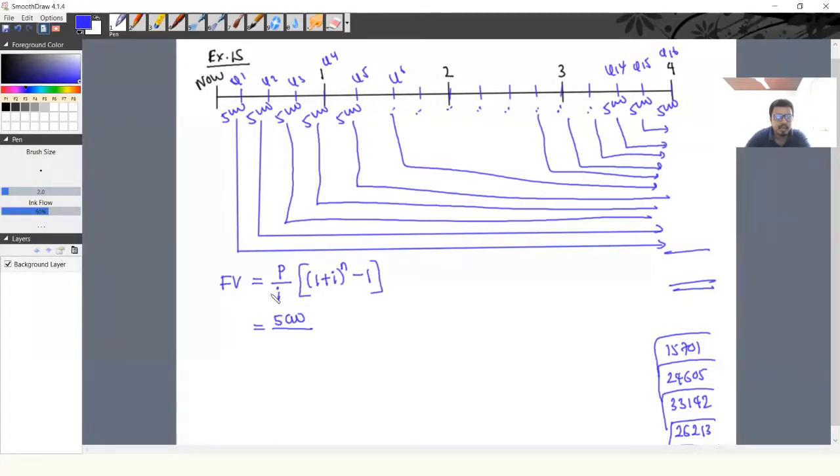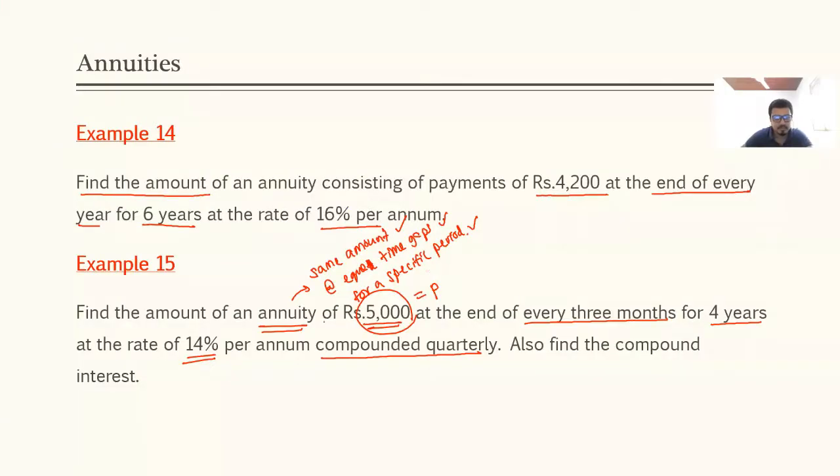Divided by I, but here the rate is 14% per annum, but it is compounded quarterly. It is being compounded more than one time a year. Then we need to do an adjustment.